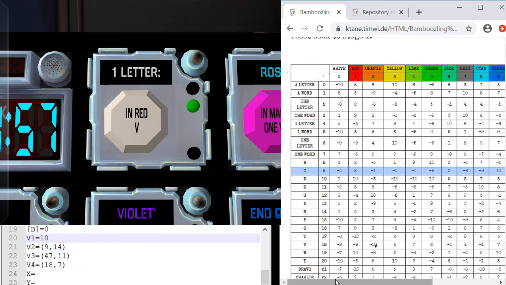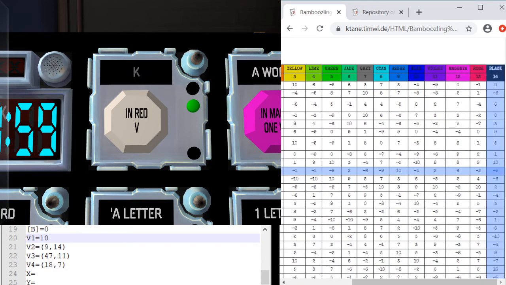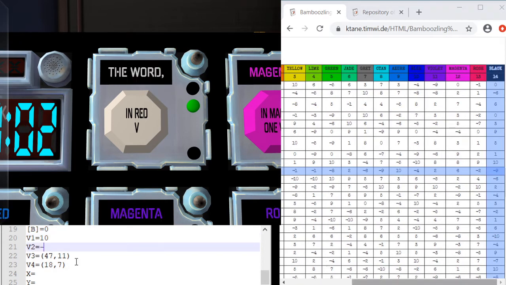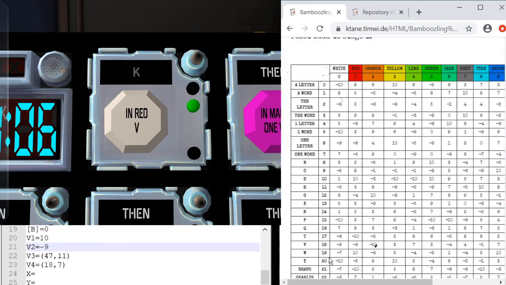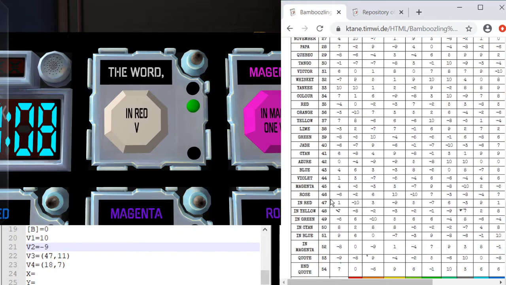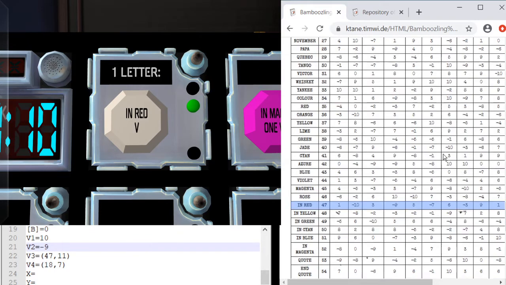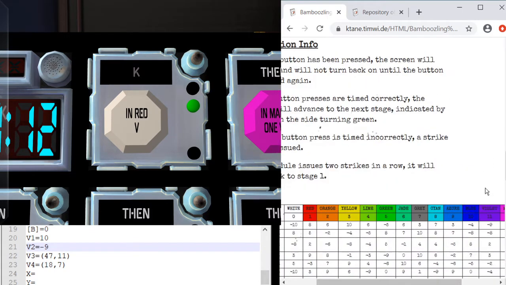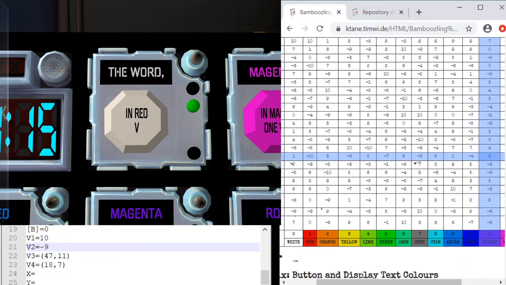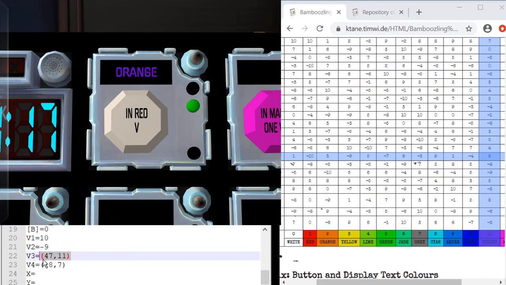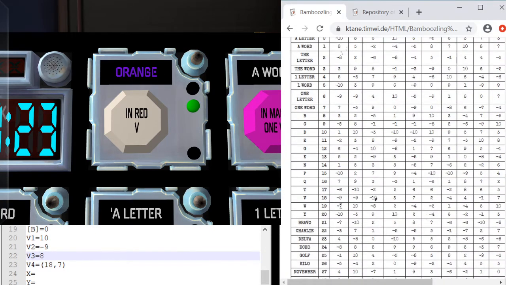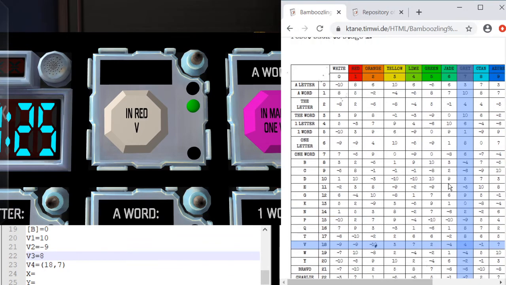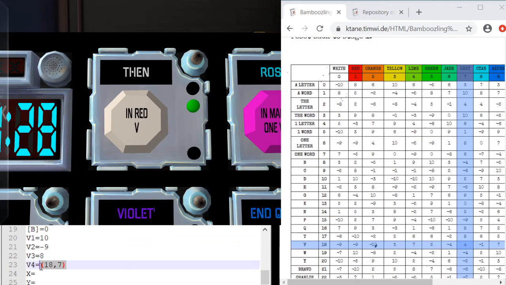9, comma, 14, which is -9. We have 47, comma, 11, which is 8. And finally, 18, comma, 7, which ends up being 4.